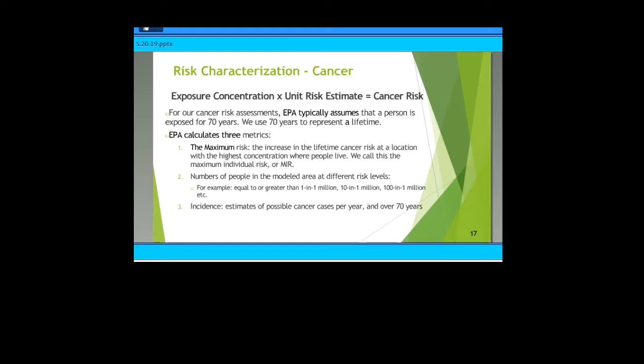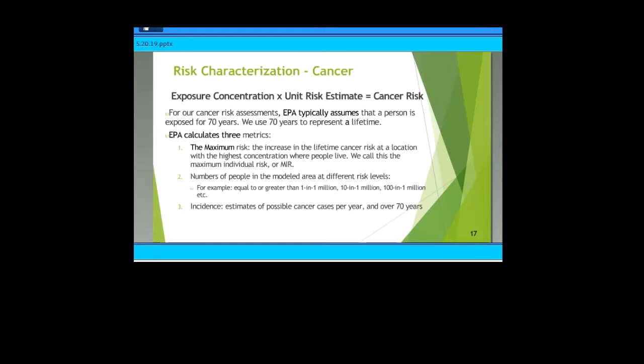So we look at the model, and the model has a bunch of concentrations laid out over that 50-kilometer area, or 50 kilometers from the facility in all directions. And there is a highest concentration that we have in an area where residents live. And so that concentration we will then multiply by that unit risk estimate, and that turns out to be our maximum risk. And I'll show you how to do that on the next slide.